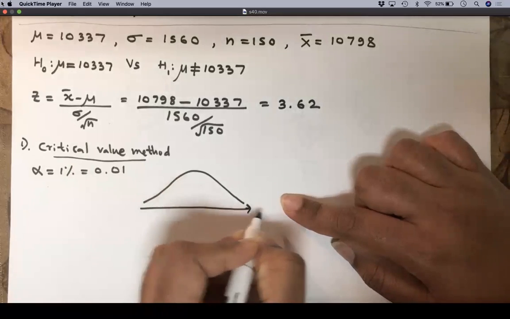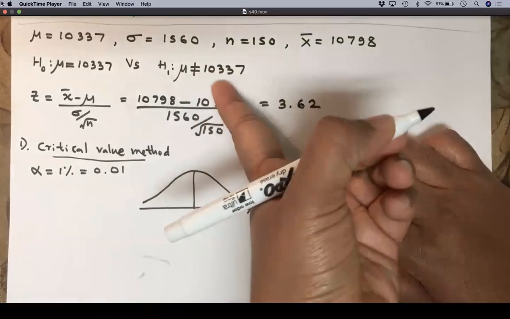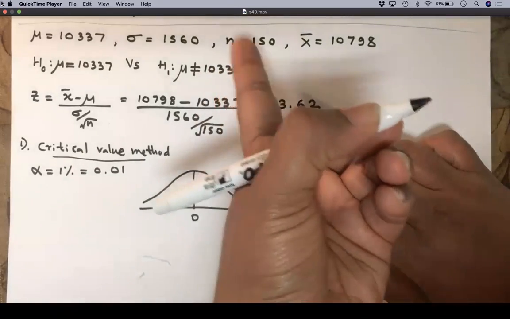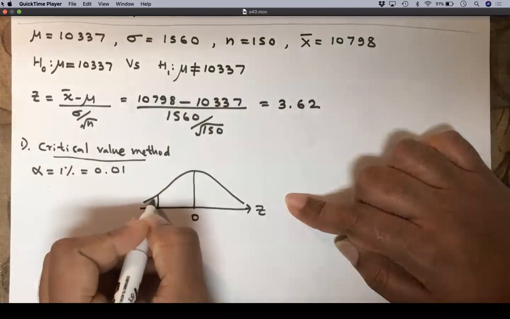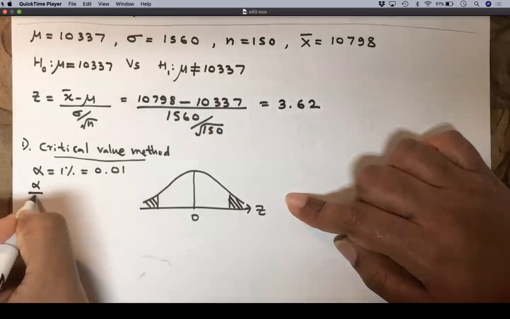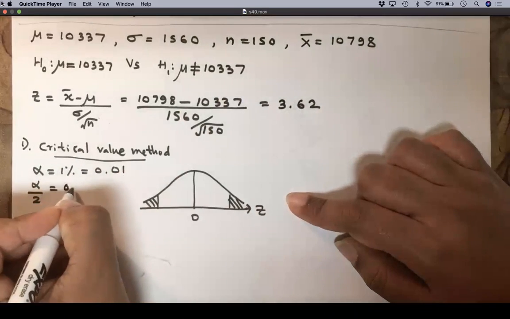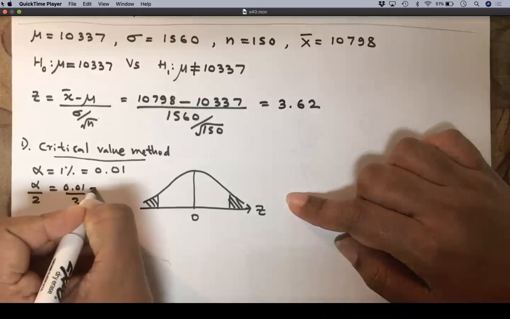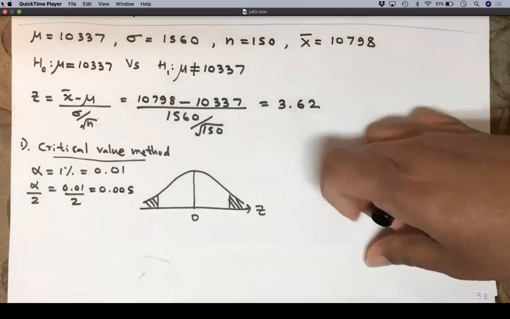We want to know whether it is a left tail, right tail, or two-tail test. Here it's two-tail, so definitely it has two rejection regions. So alpha is 0.01, and alpha over 2 is 0.005.